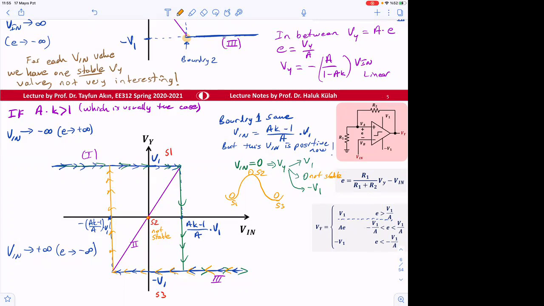So we can obtain such a value. For input 0, output can be either 0 or V1 or V2. So it depends on the history and the past signal, if the signal is coming from this side or from the other side, okay?